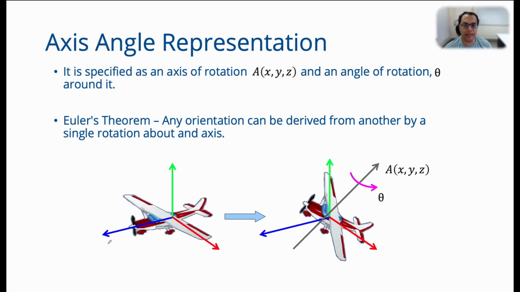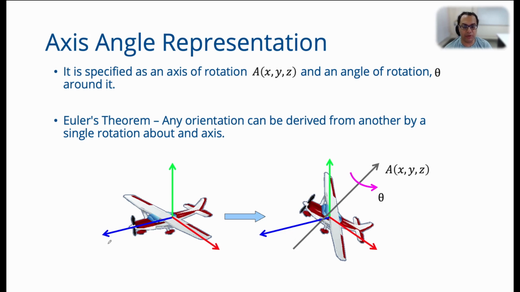Now let us look at a representation of orientation that does not suffer from gimbal lock. This is a 4-parameter representation. Euler angles were a 3-parameter representation. The 4-parameter representation is called an axis angle representation. Here, an orientation of an object is given by an axis, which is a vector, and an angle of rotation about this axis.